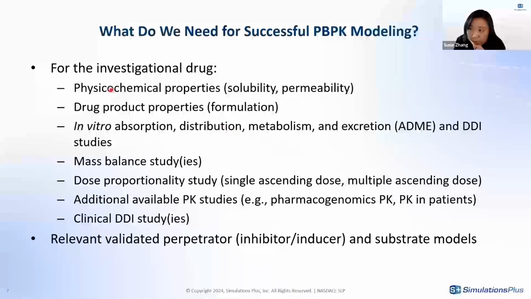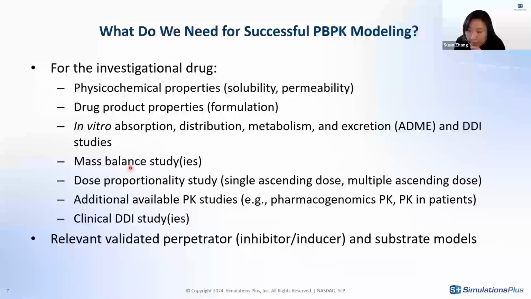So those are the in vitro related studies. And then ideally you would have a mass balance study so that we can confirm that what we put in the model is consistent with what is observed in the clinical study. And ideally, you will have dose proportional studies, that includes single ascending dose study, multiple ascending dose study.